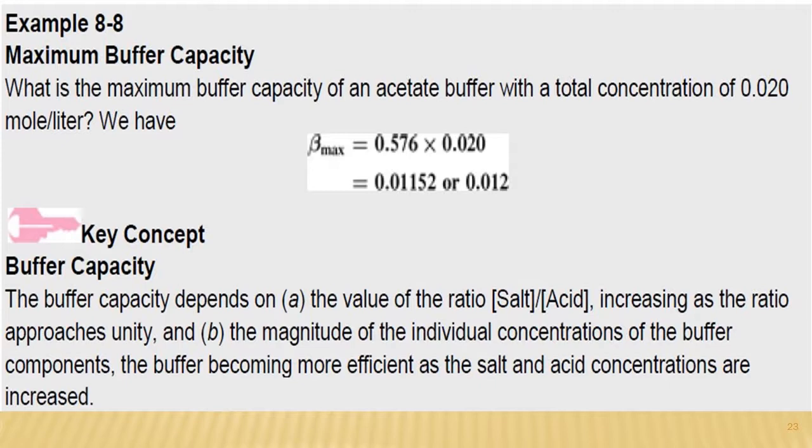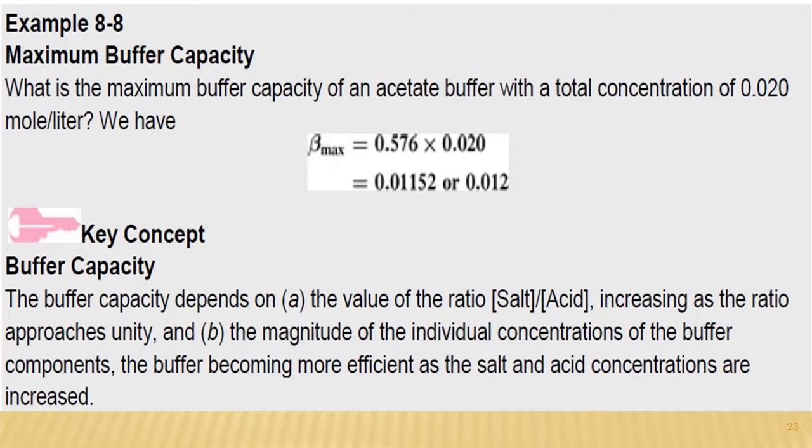Key concept we have here, buffer capacity. The buffer capacity depends on a value. Number one, the value of the ratio of salt to acid, increasing as the ratio approaches unity. Number two, the magnitude of the individual concentration of buffer components.